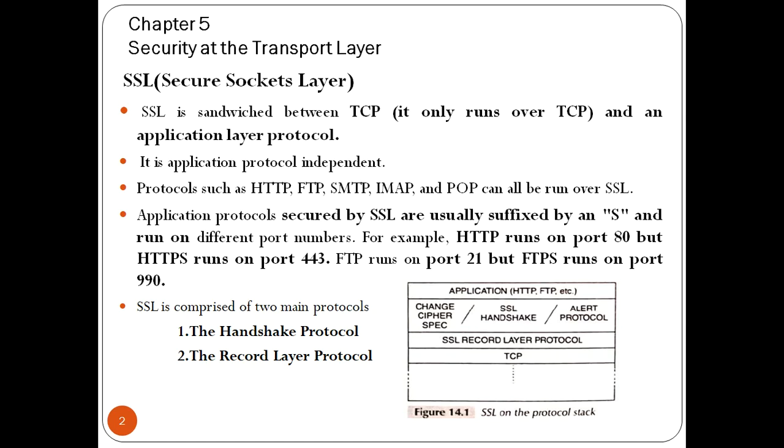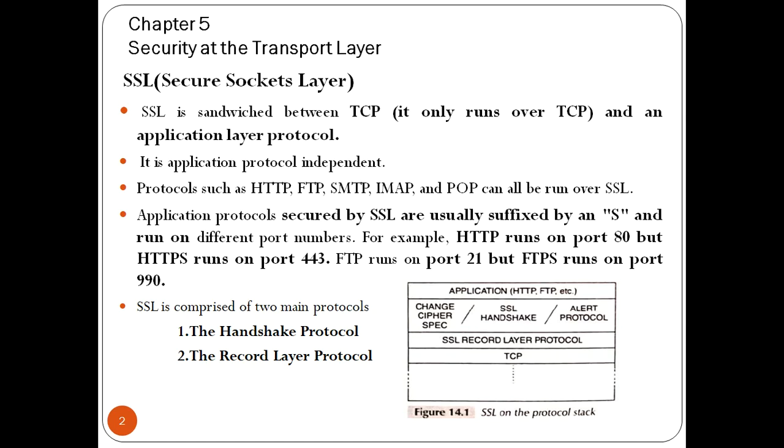So here, one major protocol under the transport layer we know is Transmission Control Protocol, that is TCP. Why? Because SSL runs only over TCP. So SSL is placed in between TCP and the application layer. This protocol is application protocol independent.